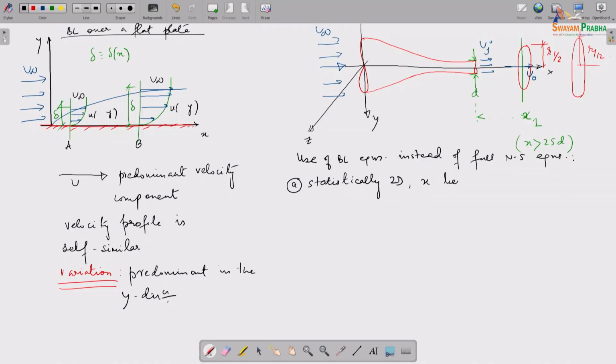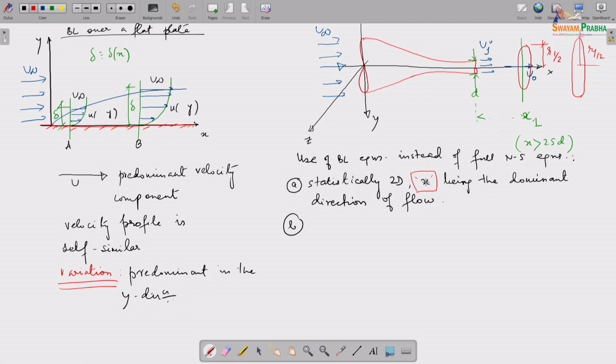So statistically 2D, x being the dominant direction of flow. So it is 2D.